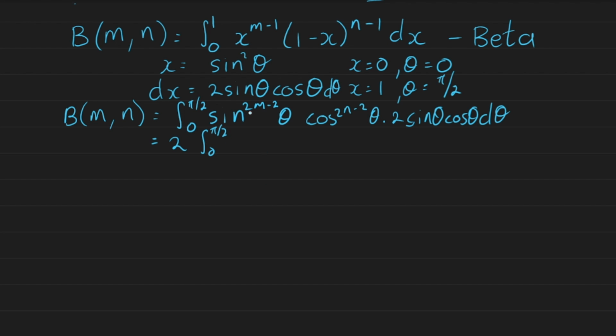Here we have 2m minus 2, and then here we have 1, so it's 2m minus 2 plus 1 according to the laws of exponents. That means we have sine to the power 2m minus 1 of theta, and then it's the same with cos: cos to the power 2n minus 1 of theta d theta. So this is now our beta function converted into this form with sine and cos.